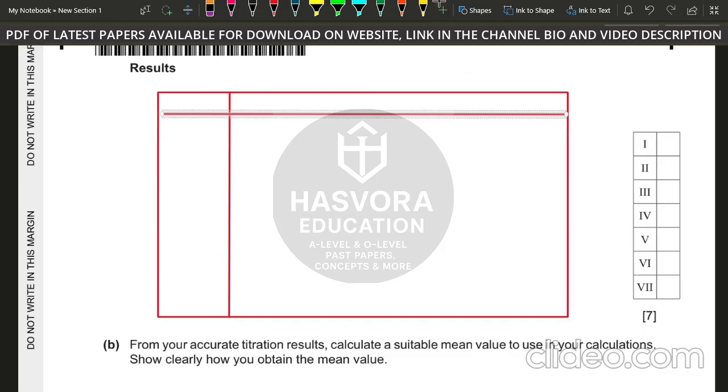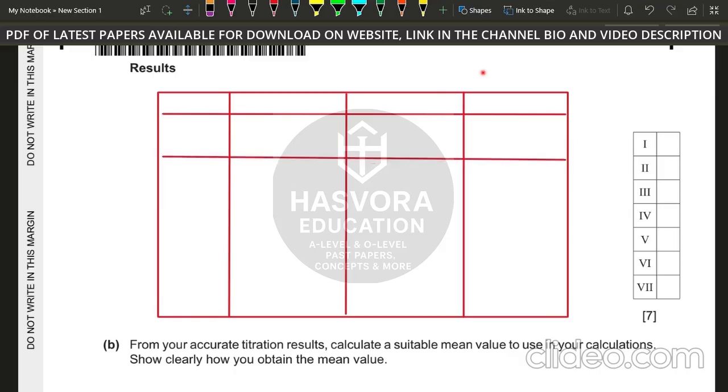So let's make another line. This will be your other line, and let's also take one more line. Now let's divide this. So this will be your final reading, because final minus initial will give us the volume used, the volume of FA2 used, and then this is going to be for your initial reading.